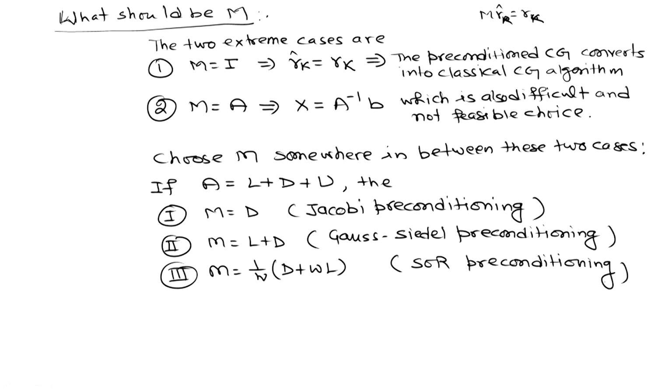If you choose M in any way out of these three, then we will have, number 1, A cap will be symmetric and positive definite, not M, basically A cap.